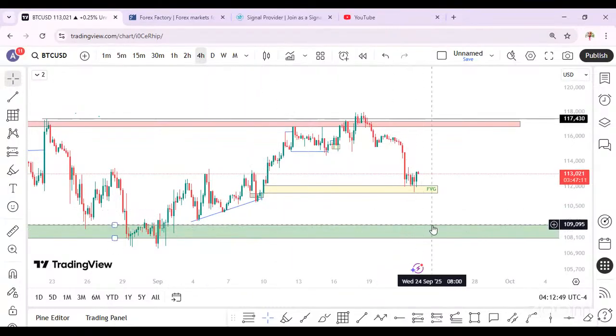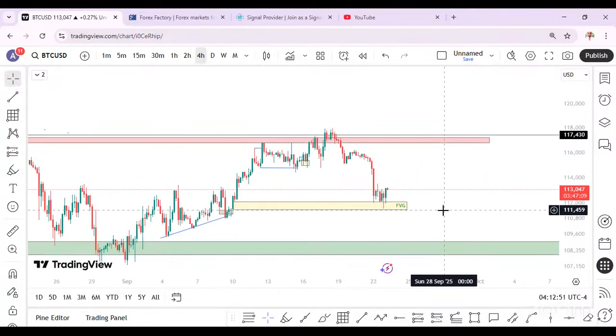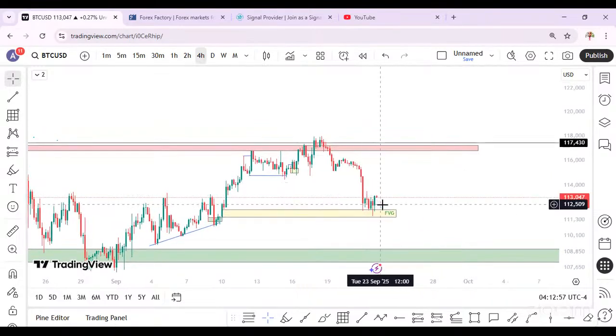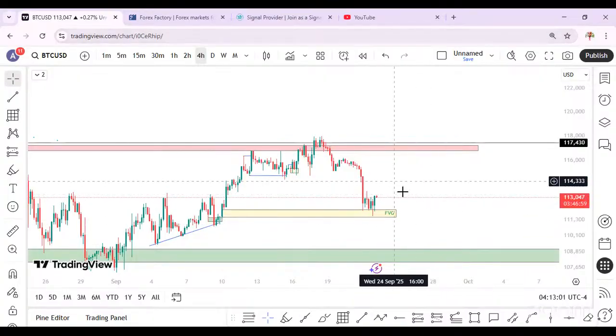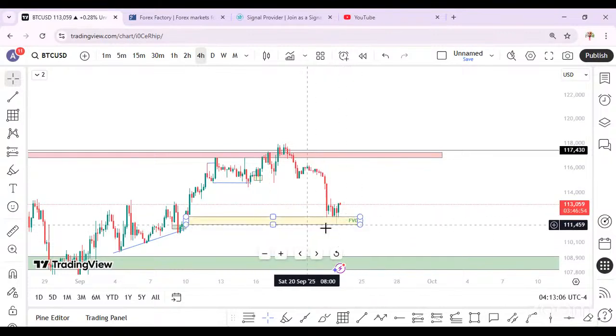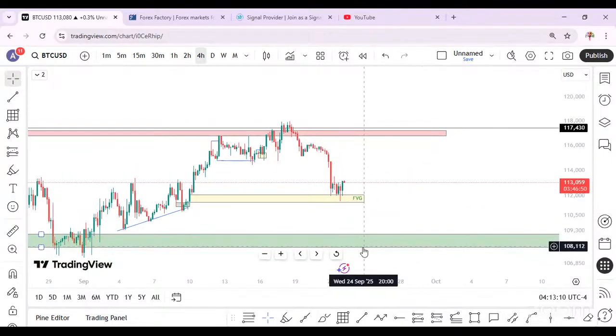Maybe price will crash to this place. So let's see. But for now, the trading there is dicey. If you want to buy, take just a small lot and see how it behaves. Put your stop loss here, in case it doesn't work out, it takes you out, then you position yourself to this place.